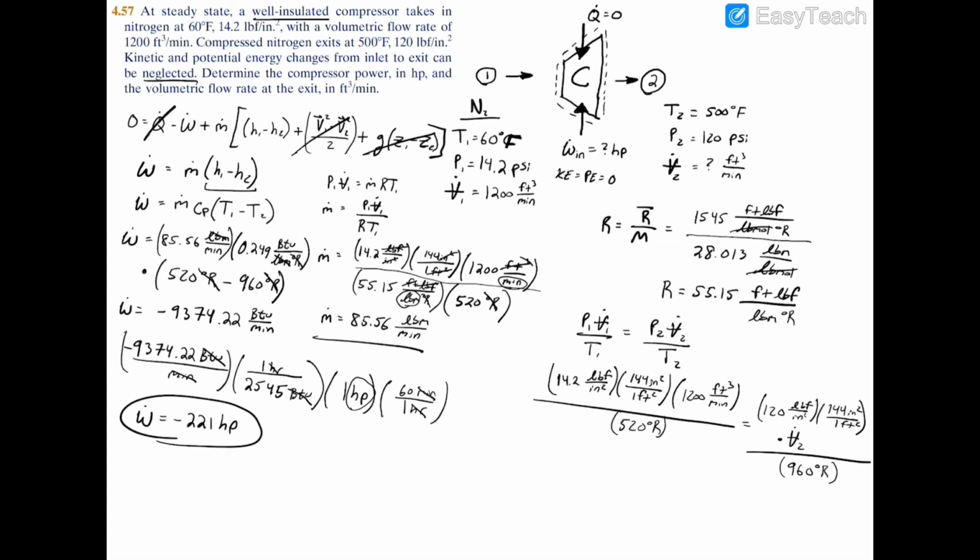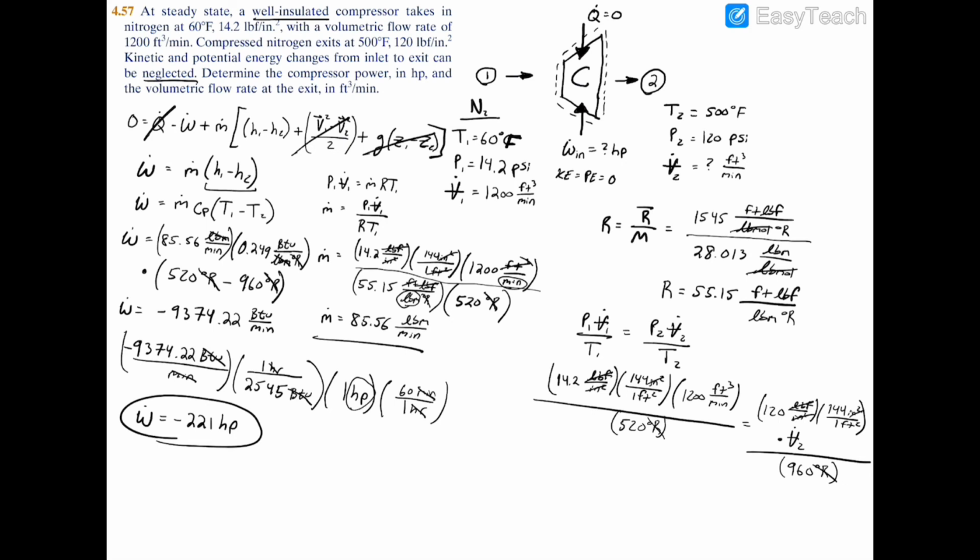So now if you were to rearrange and solve for your V2, your Rankine and Rankine is going to cancel out since you're going to multiply both sides by 960 degrees Rankine. And if we divide now, your pound force and pound force cancels out. Of course, your inch squared cancels out as well.